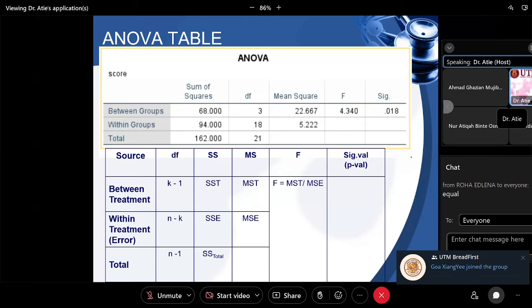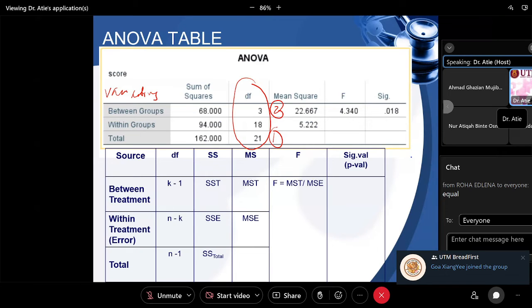First, we look at the degree of freedom column. Remember, this is our variation: between groups and within groups. The easiest to calculate first are number one and number two.